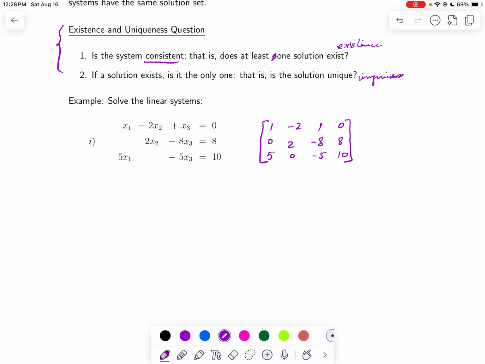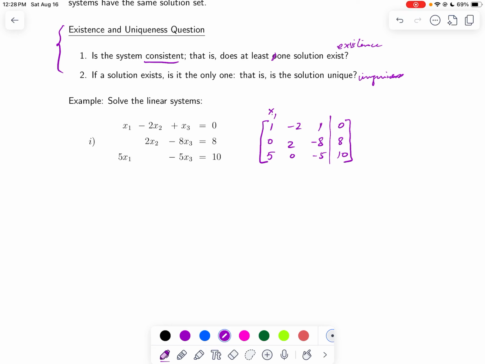Now, in many books, they draw a line here and keep it in all the matrices. This is to differentiate that the numbers on the right are the numbers to the right of the equality sign in the equation, and the numbers to the left are the coefficients of the variables. The first column containing 1, 0, 5 holds the coefficients of the variable x1.